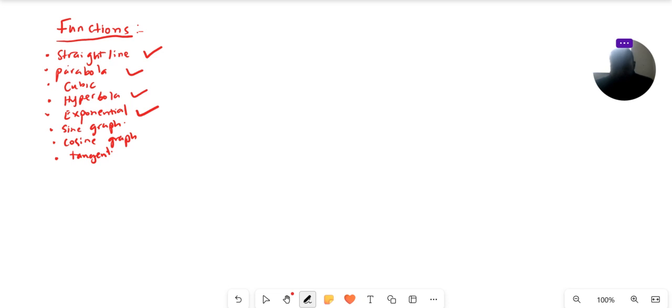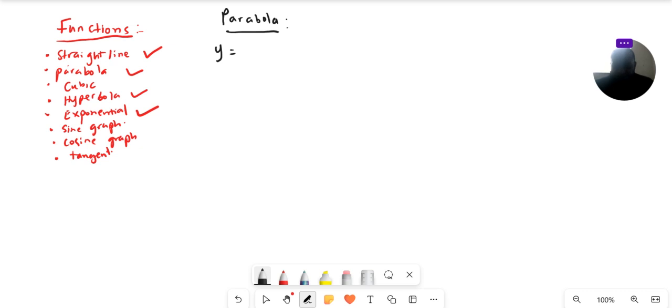In this graph, let us start with the parabola. So if this is the parabola, under parabola we need to know what is the equation of a parabola.